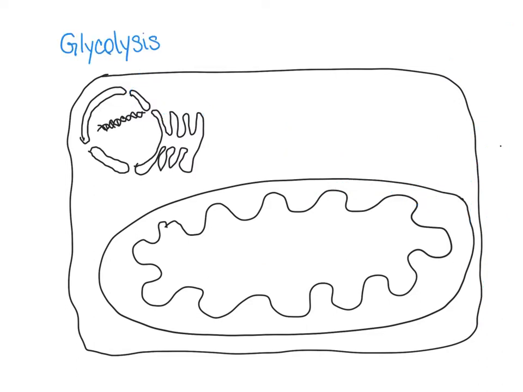All right, first step of cellular respiration is typically glycolysis, and that's definitely true if you start out with a molecule of glucose, which is what we're going to do. So glucose would normally come from the outside of the cell. It would have to come into the cell via facilitated diffusion down its concentration gradient.